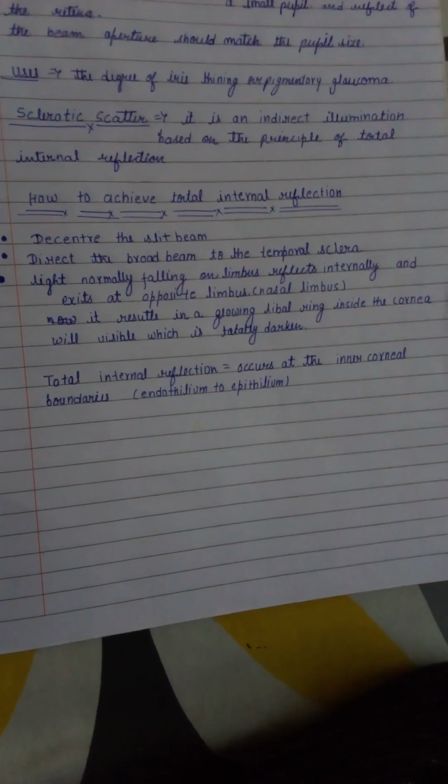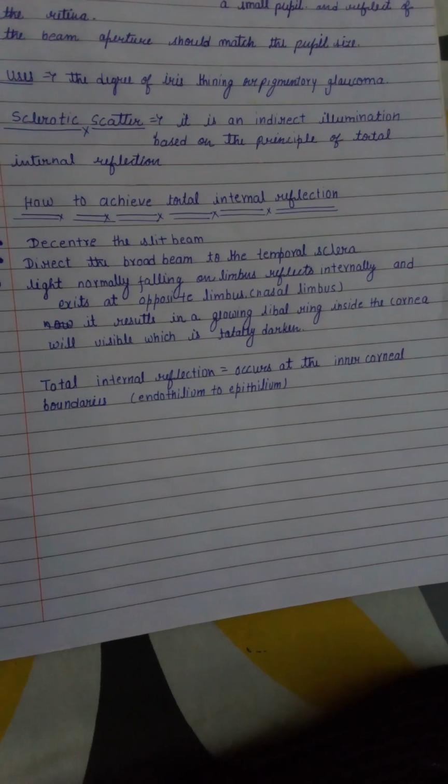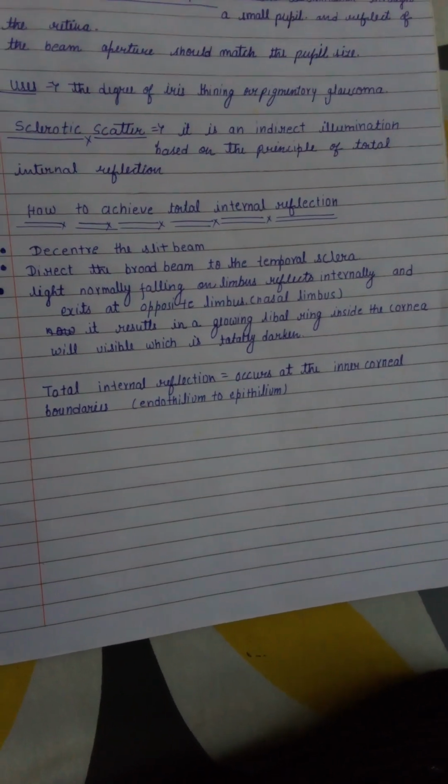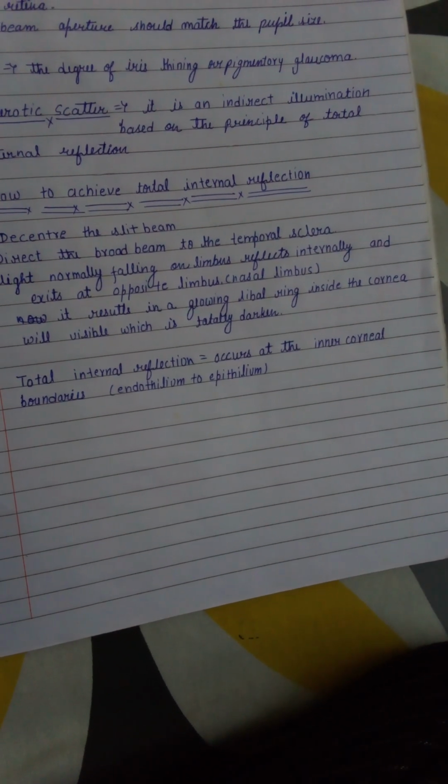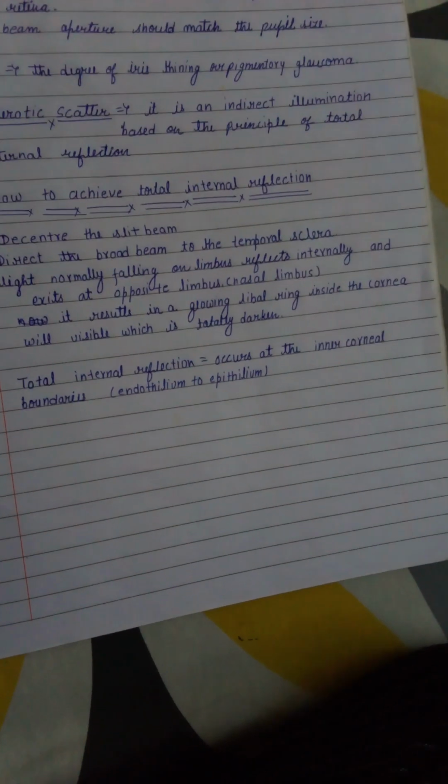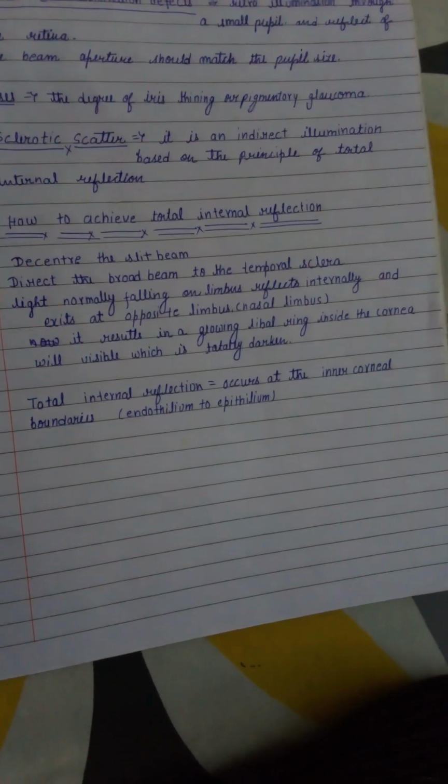The cornea appears totally darkened, and we observe a glowing limbal ring inside the cornea.